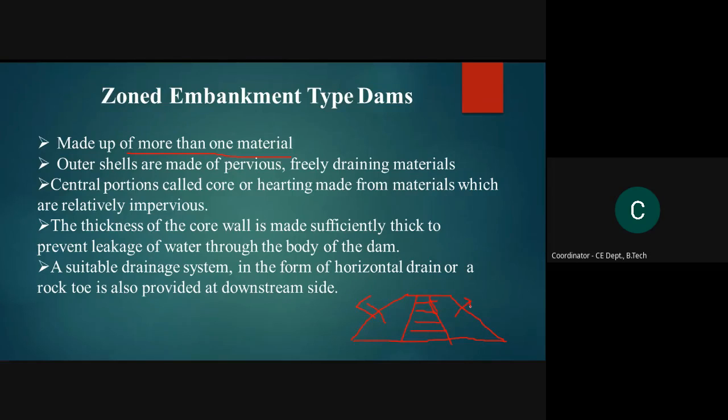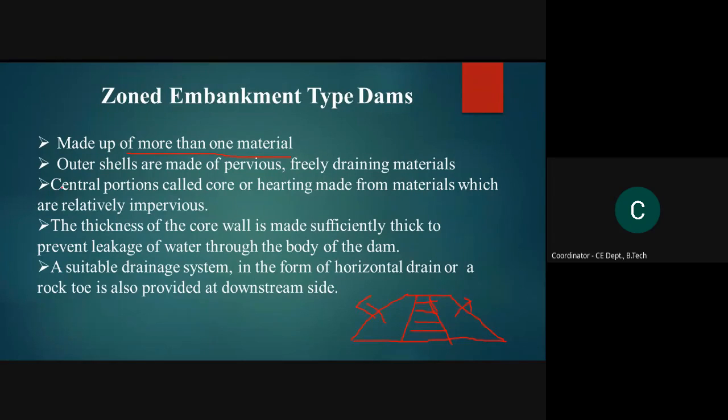The outer shells are made of pervious material, and it can freely drain. I mean, the drainage is freely accessible in that part. That kind of material is used in these outer shells.